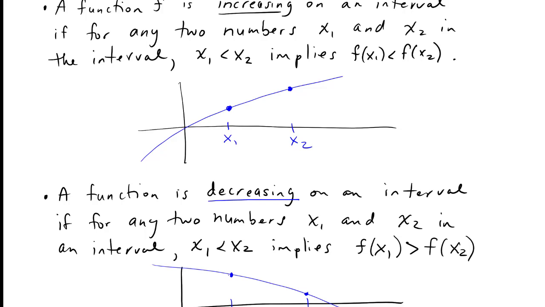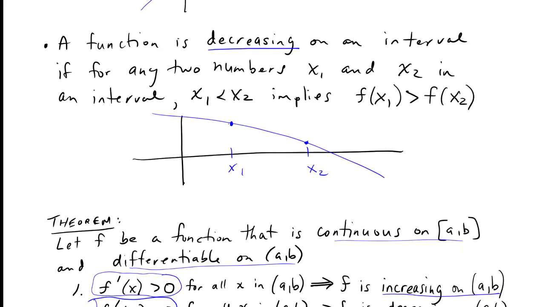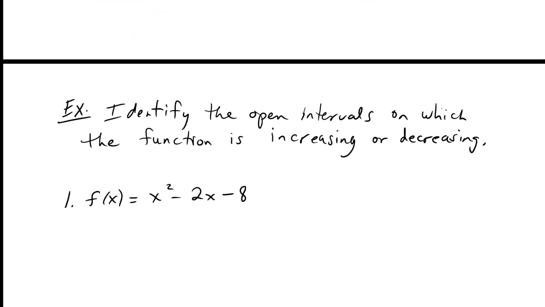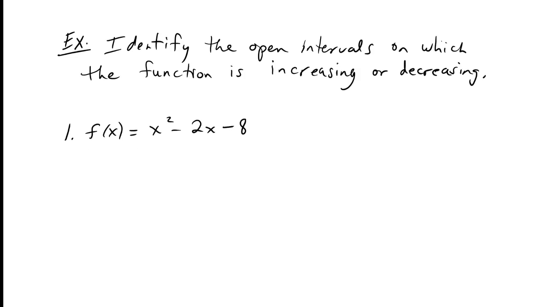If we look at these graphs, for this increasing function here, we have tangent lines that have a positive slope, while for this decreasing function here, we have tangent lines that have a negative slope. So that's the idea.